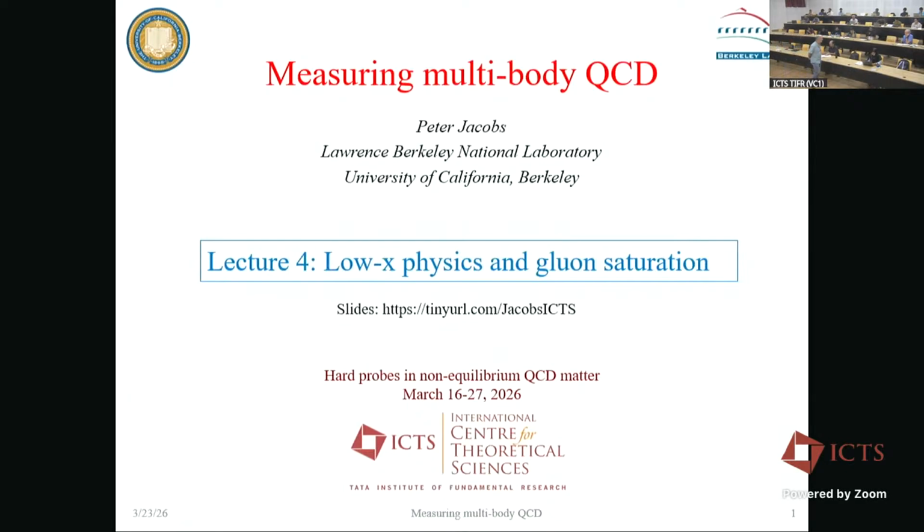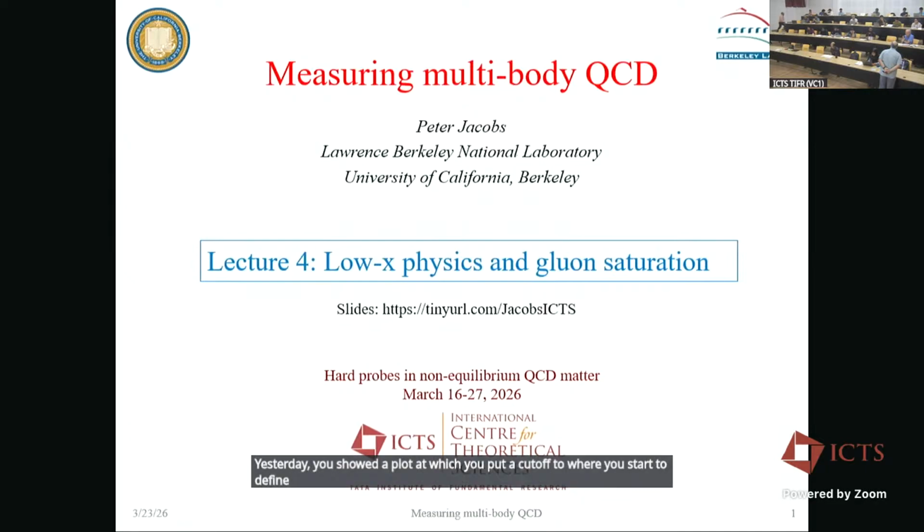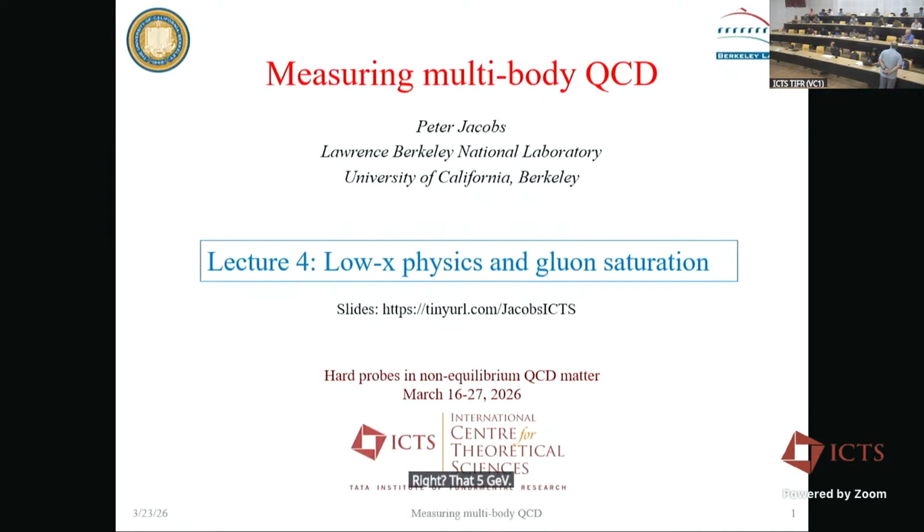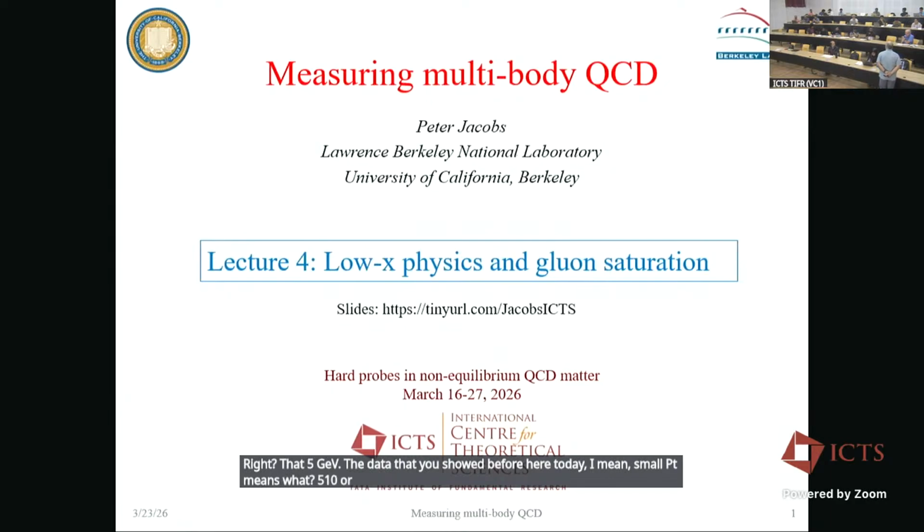Yesterday, you showed a plot where you put a cutoff at 5 GeV where you start to define jet versus hadrons. The data that you showed today, small PT means what, 5, 10? Right, so in fact, there's a little detail.